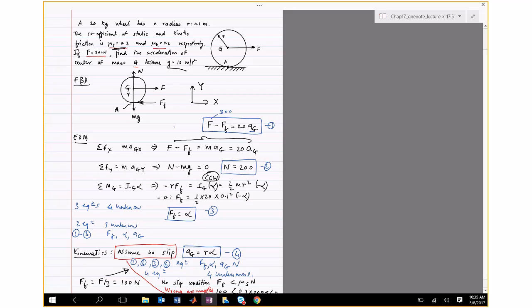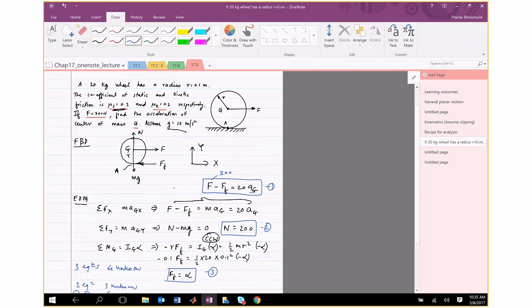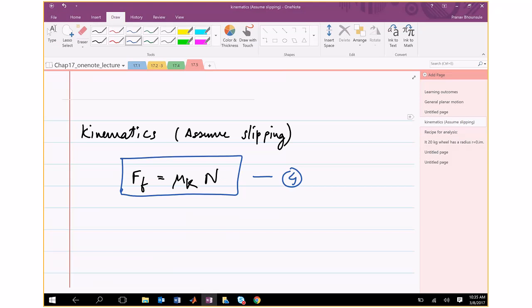They are for a generic case when it could be slipping or rolling. And the fourth equation, let me call it 4b, so that it's not confused with the other one. Now 1, 2, 3, and 4b are my equations.